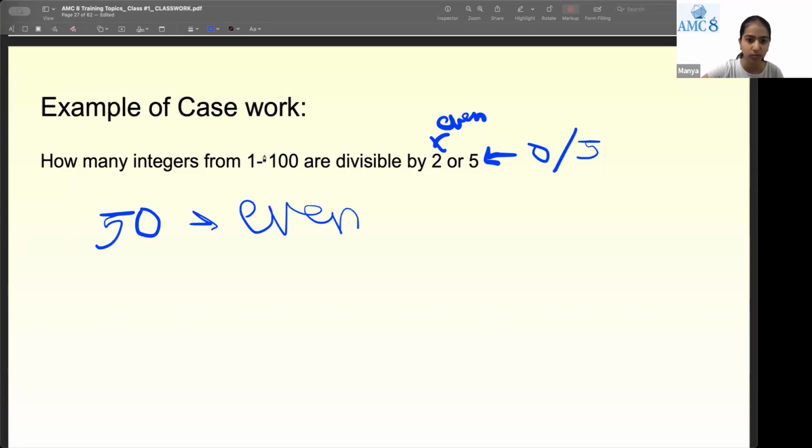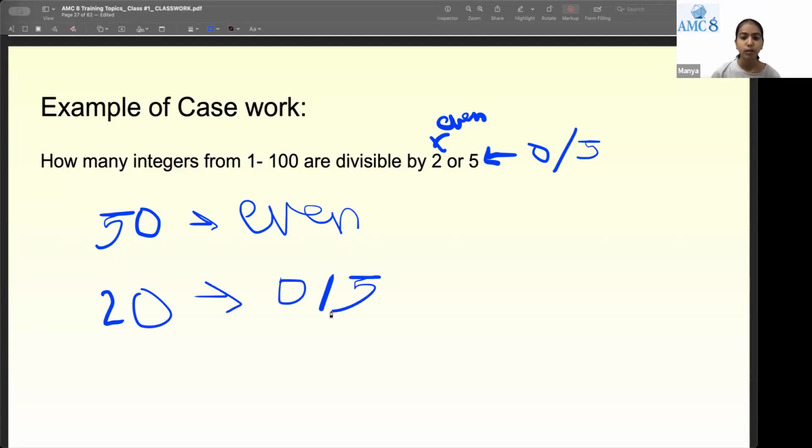Well, how many integers from 1 to 100 are divisible by 5? That would just be 100 divided by 5, which is equal to 20. So there's 20 numbers that end with either a 0 or a 5. But now we have a problem here. The answer is not just 50 plus 20, which is equal to 70.